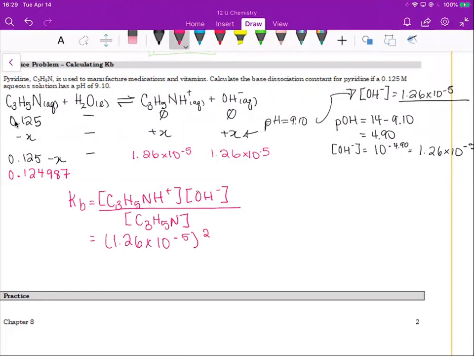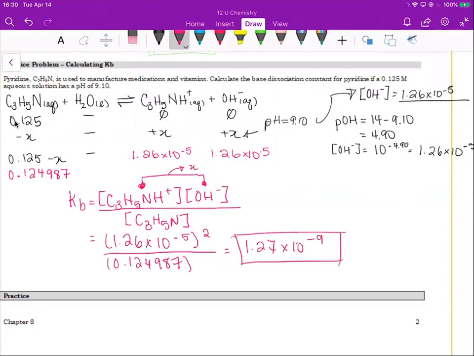They're both the same. So my concentration of my conjugate acid and my concentration of hydroxide, they're both equal to X. And so I'm just putting that there. And then I'm putting 0.124987. And I get a Kb value of 1.27 times 10 to the minus 9, which makes sense.